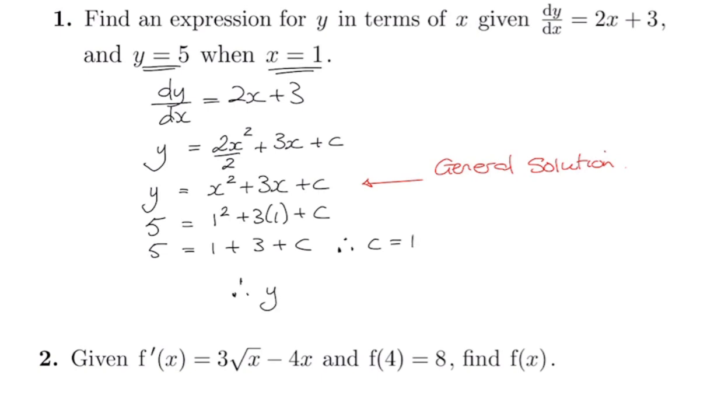Therefore, y equals x squared plus 3x plus 1, and that is our particular solution. That means we now know where this curve cuts the y-axis. We've homed in on one of the family, so we've found the value of c.